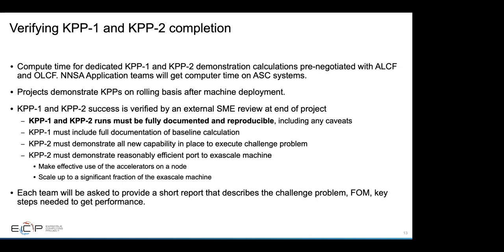Okay, and we expect this to provide a starting point automatically, without doing any extra work, for anybody who wants to do the simulation that was done as part of the ECP demonstration of success.